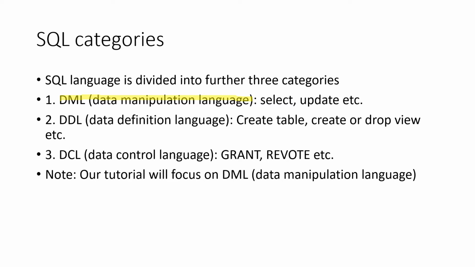The second is data definition language, DDL. It is used for creating tables and altering the structure of tables or views. And the third one is data control language. It is used for permission assignments to database users.